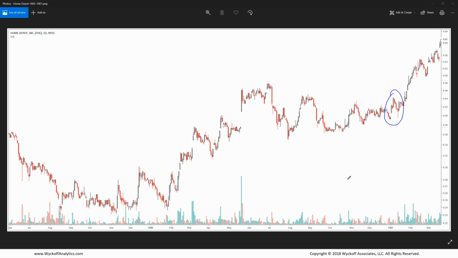Okay, so yes, when we look at the horizontal range, we're looking at the sign of strength and the backing up action as our change of character confirmation. And usually the sign of strength rally will be the largest rally in this whole trading range.